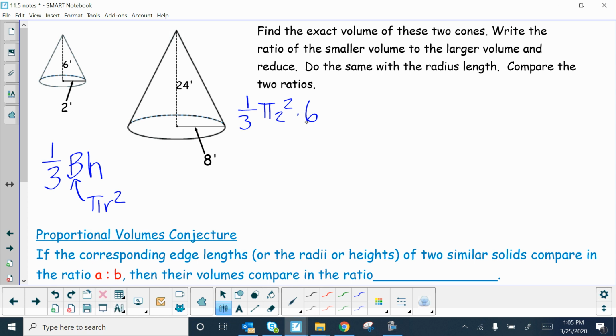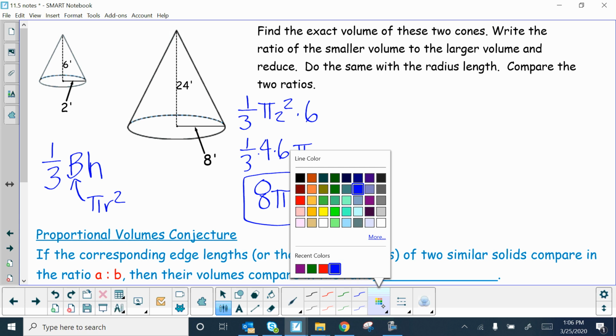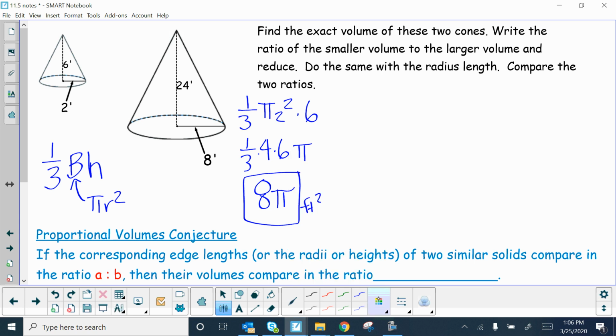Okay, so now I'm going to simplify this. This is 1/3 times 4 times 6 times pi, which 4 times 6 is 24, and what's 1/3 of 24? 8. 3 goes into that 8 times. So the volume of the small cone is 8 pi, and this is cubic feet. That's what the little tick mark means. It's cubic feet.